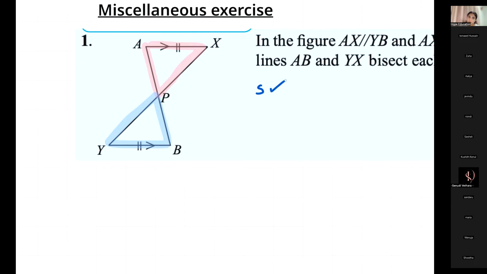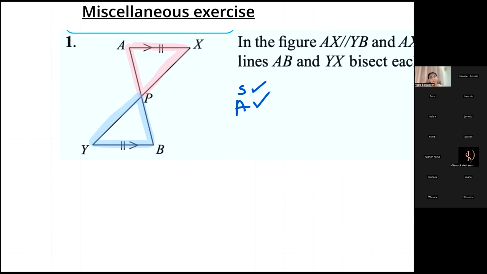YPB and APX are vertically opposite angles. Yes, good. So we have another angle. Anything else? AXP equals PYB because of alternate angles.